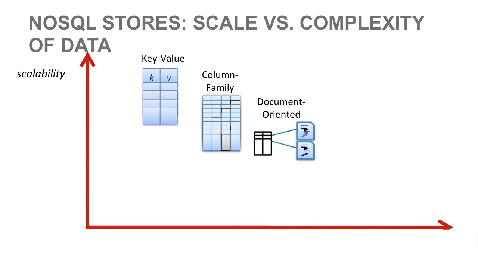Then we have document-oriented stores. The data models that we can store in JSON or XML are significantly more complex than what we can do with column families, but we don't scale as much. And then finally, we have graph databases, which typically don't scale as well as the other systems, but they can provide us with the most complex data model.